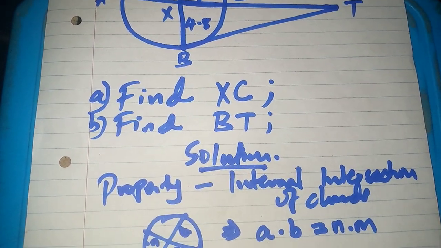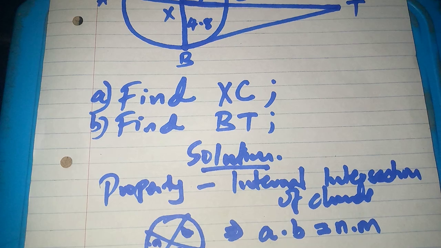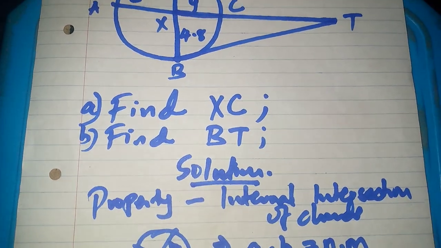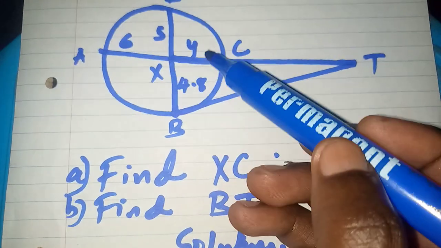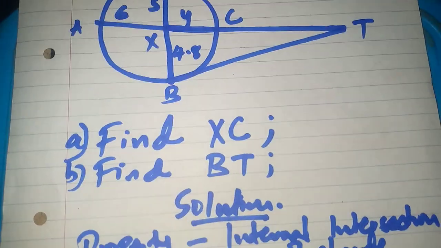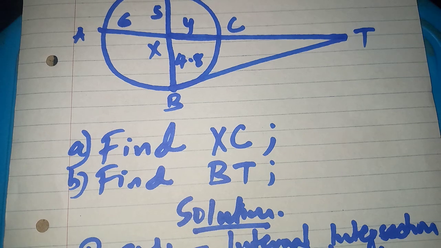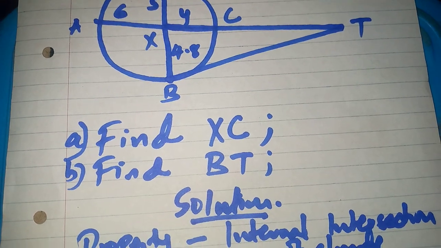I'll take 6 multiplied by y, this length multiplied by the other side, should be the same as 5 multiplied by 4.8.